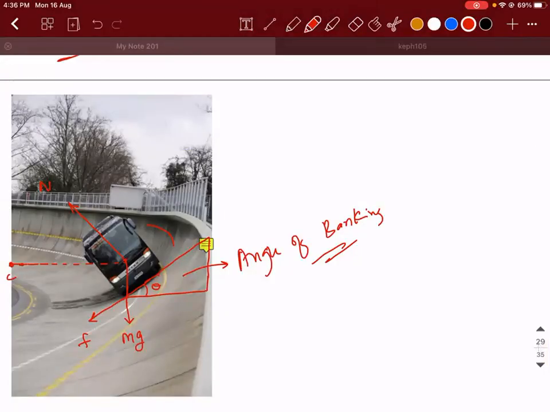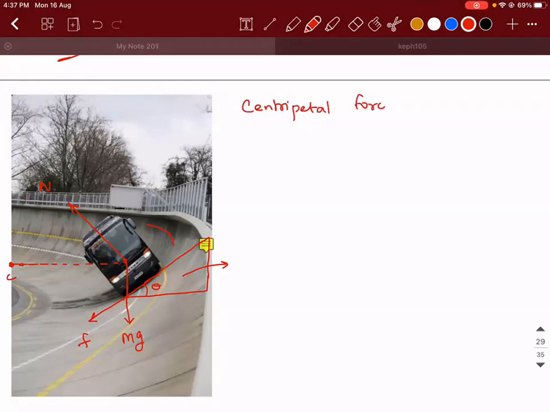Now the question is, the formula for centripetal force is still the same. What is it? It is mv square divided by r, where r is the radius of the circular track.